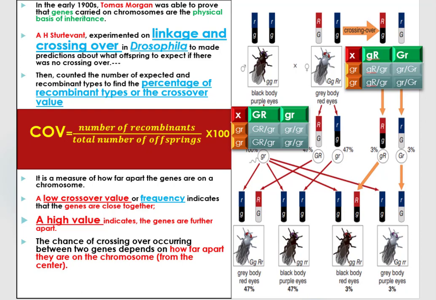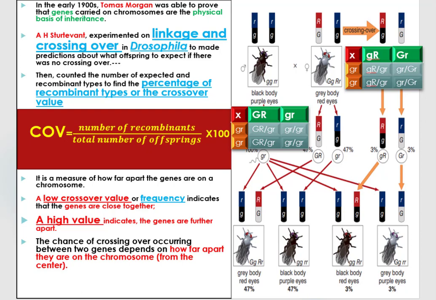This crossover value is a measure of how far apart the genes are on a chromosome and hence from the center of the chromosome. A low crossover value or frequency indicates that the genes are close together on a chromosome and close to the center of the chromosome. A high value indicates that the genes are farther apart from each other and from the center.